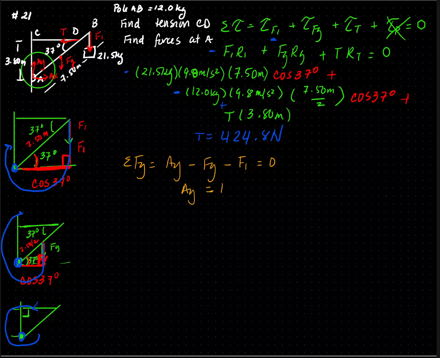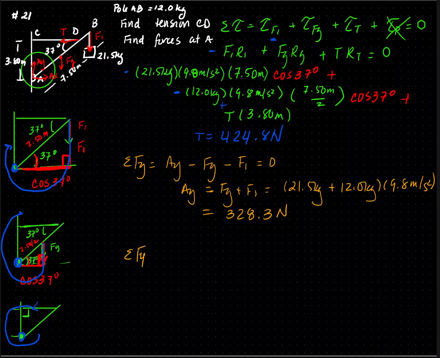So Ay is going to equal Fg plus F1, which is 21.5 kilograms plus 12.0 kilograms times 9.8 meters per second squared. This equals 328.3 newtons.